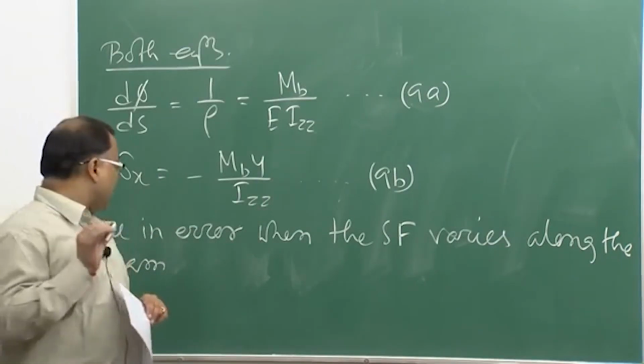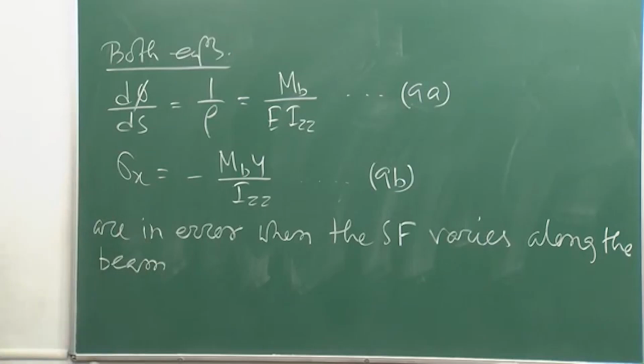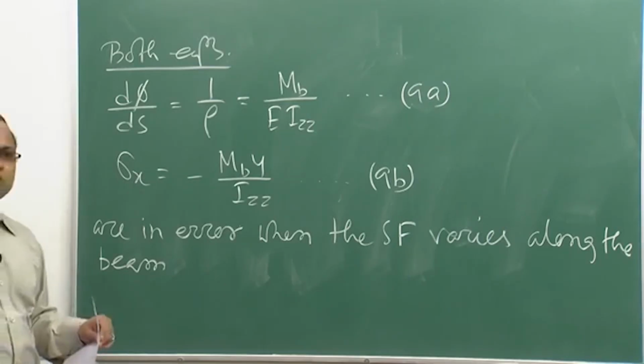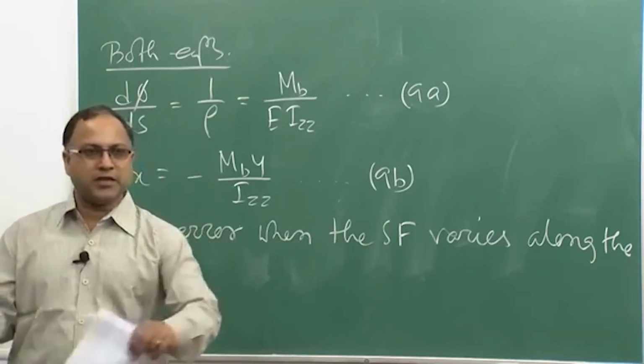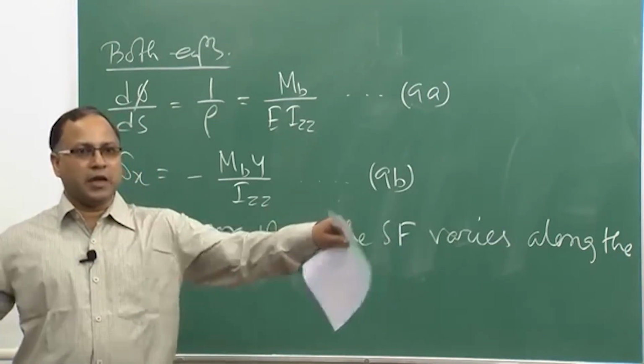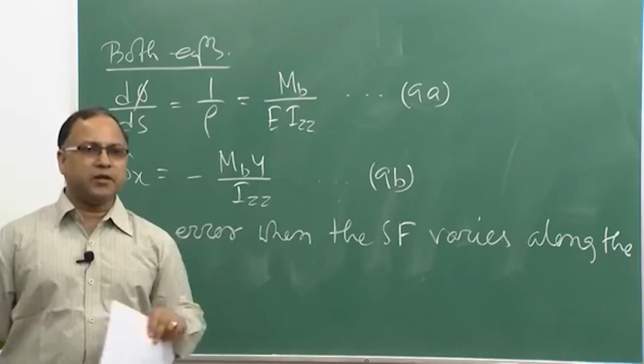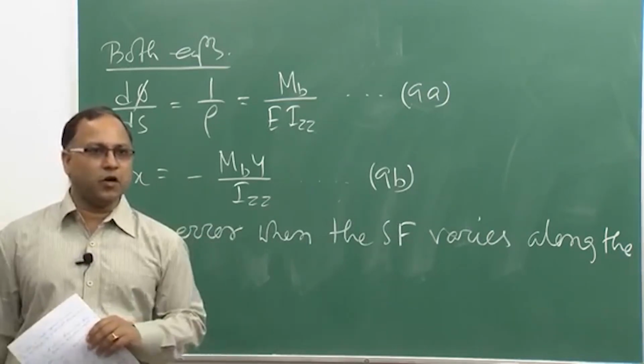But both these equations, frankly speaking, are in error when the shear force varies, and that is pretty common. You may have different transverse loading conditions along the length of the beam, along the span of the beam, so the variation of shear force is pretty common.